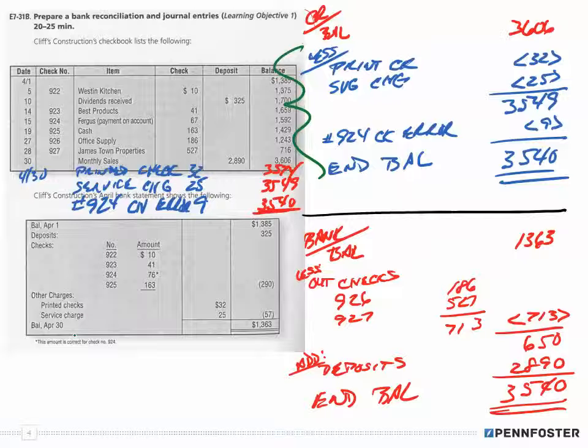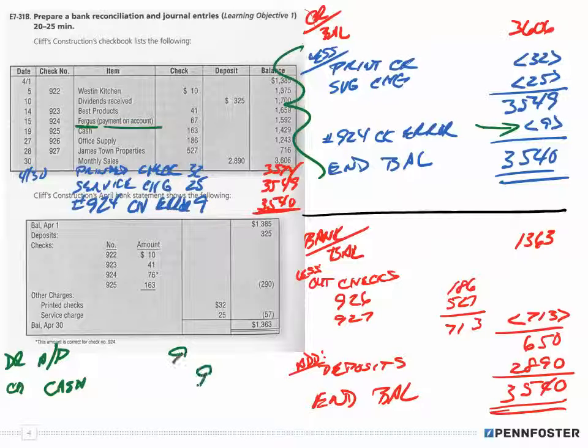So this here, check number 924, it's for Fergus and it was a payment on account, right? That's this $9 we're going to make this entry for. What's the entry for a payment on account? Well, I'm going to credit my cash because I'm decreasing my cash, and I'm going to debit my accounts payable, because I have a check, I'm paying it out.